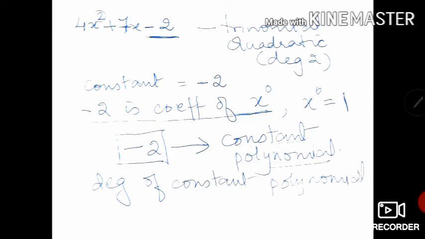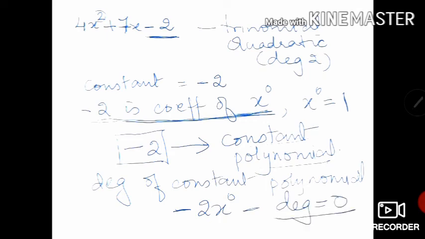A constant polynomial, as I said, can be written as a constant multiplied by x to the power 0. So in this example, this constant polynomial can be written as minus 2x to the power 0. So the highest power of the variable is 0. Therefore, the degree of a constant polynomial will always be 0.